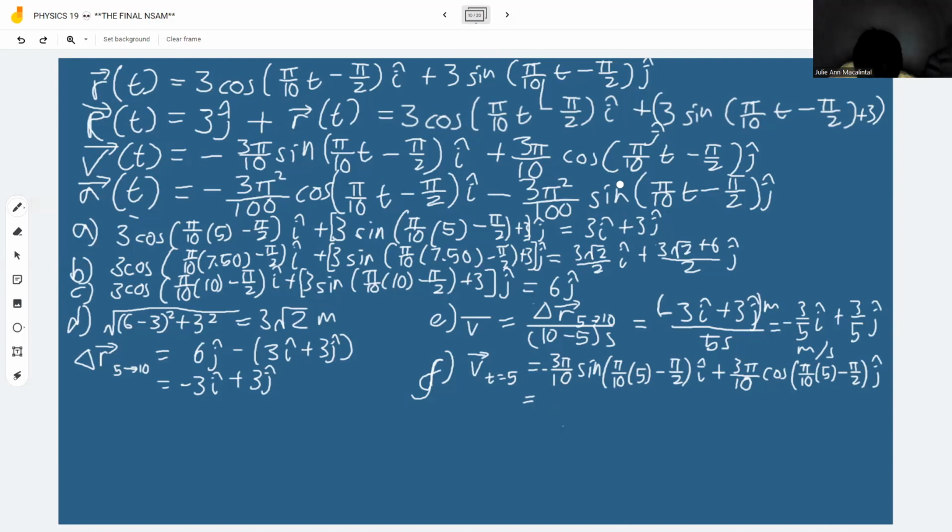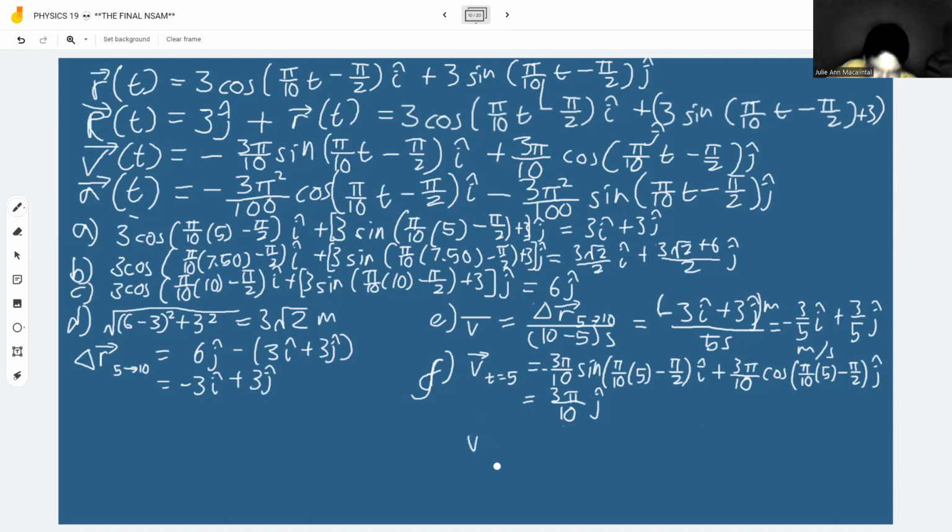So, i component, yung sine magiging 0. Kaya, magsisimplify yan. Tapos yung cosine, yung argument magiging 0 at t equals 5. Okay, so cosine becomes 1.